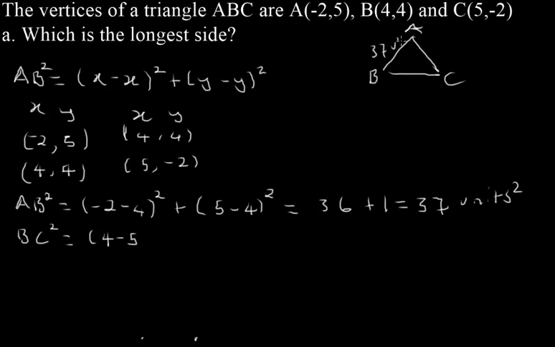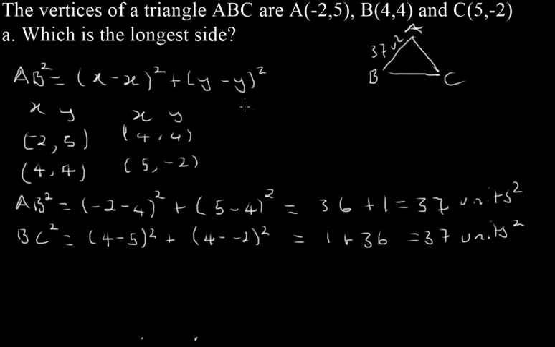So 4 minus 5 squared plus 4 minus minus 2 squared. 4 minus 5 gives us a negative 1, squared gives us 1, plus 4 minus minus 2 gives us 6, squared gives us 36.